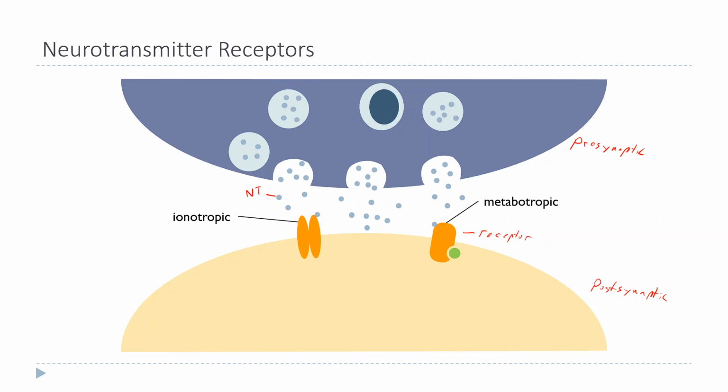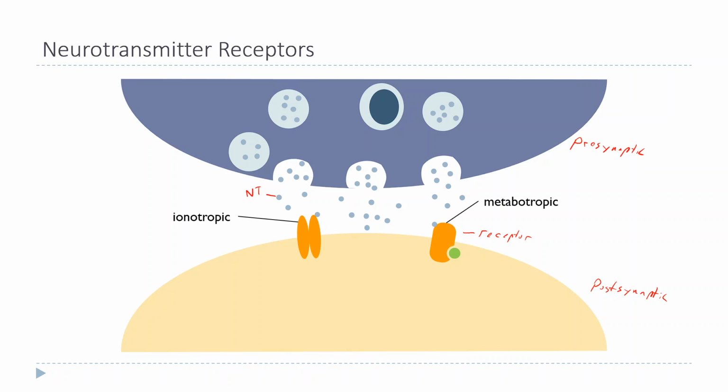In other words, it's almost like a lock and a key. The neurotransmitter is like the key, and the receptor is like the lock. There's a position on that protein that precisely fits the neurotransmitter, and only that neurotransmitter. So if a different molecule comes along, it won't activate these receptors. These receptors are specific for the neurotransmitter being released from the presynaptic cell.